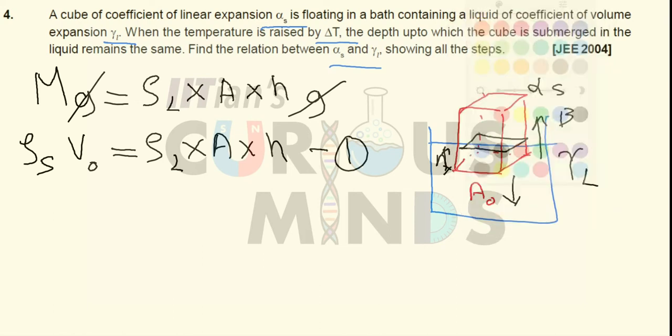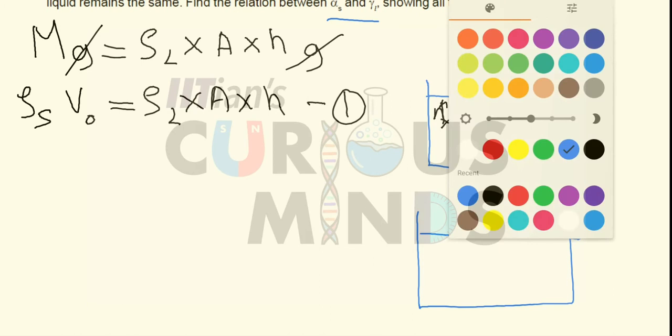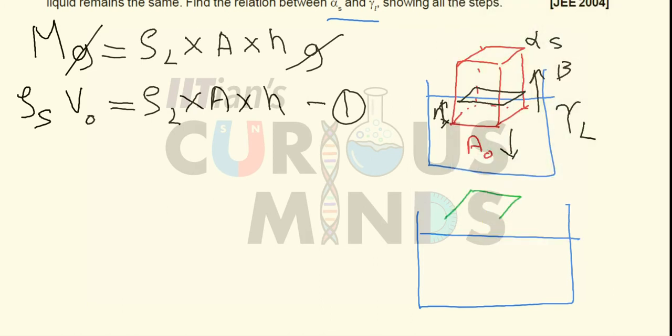When I heat this entire setup, the cube as well as the liquid will expand, and let the area at the bottom now be A T. But this height is still equal to h.